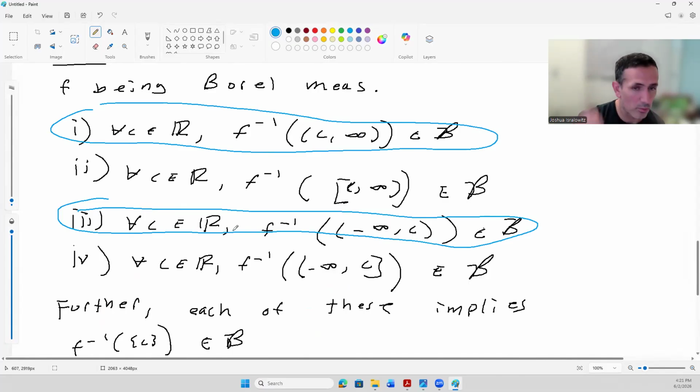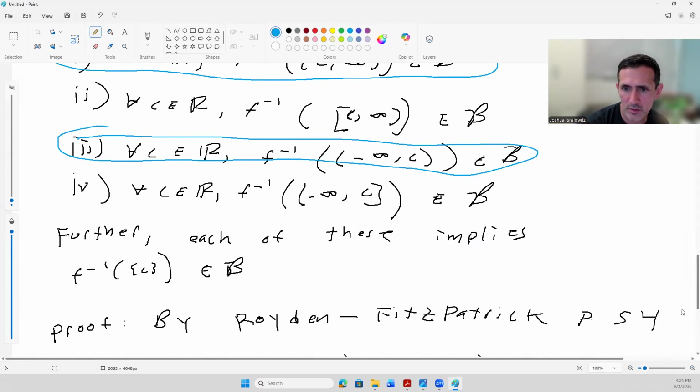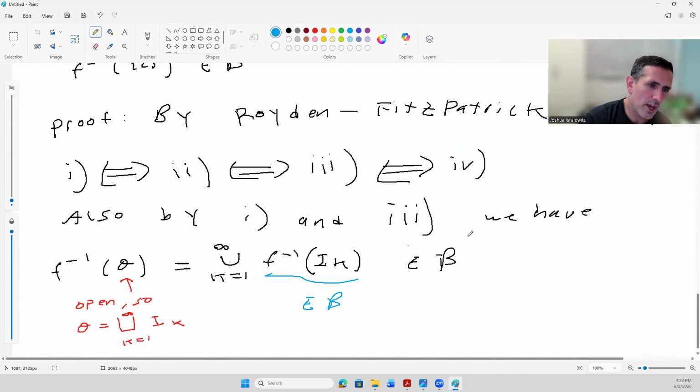So by the proposition before, that gives us that F is Borel measurable because the inverse image of open sets is Borel. If any of 1 through 4 are true, any is equivalent to all of them being true.